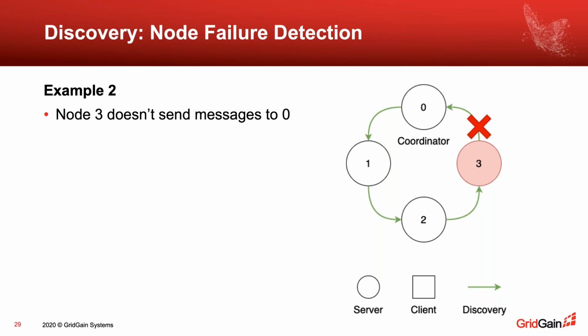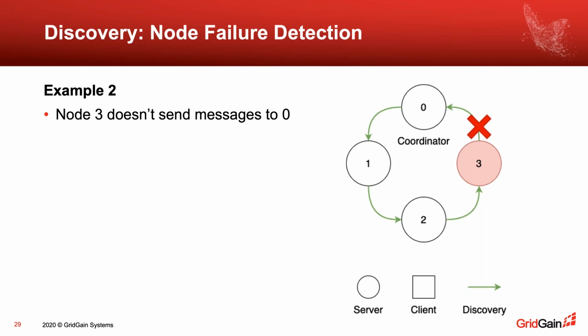In the second example, node number 2 can send a message to node number 3, but for some reason, node number 3 does not talk to node 0. Say this is because node number 3 has an issue, maybe some software error which does not allow it to continue the operation, which does not allow it to send a message to node number 0.